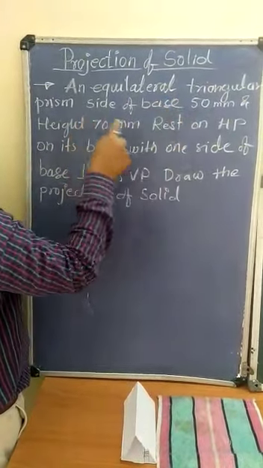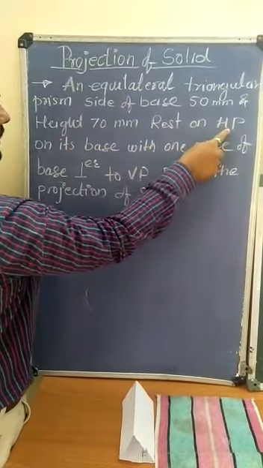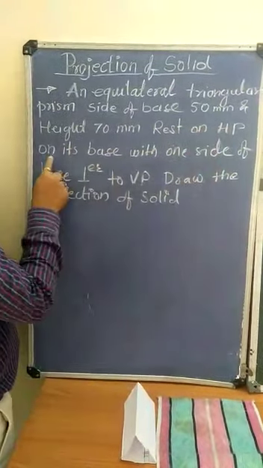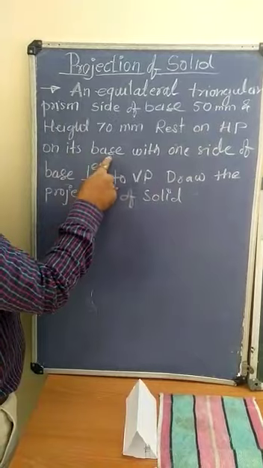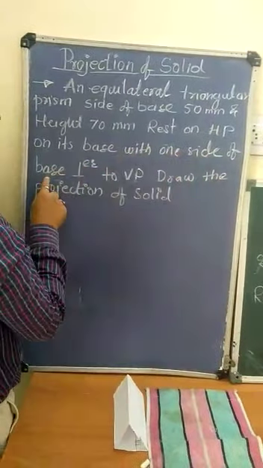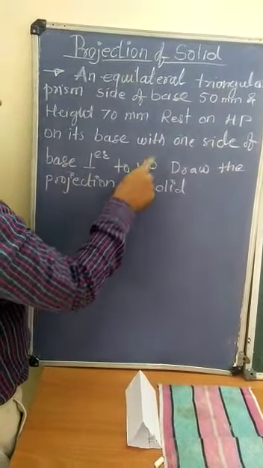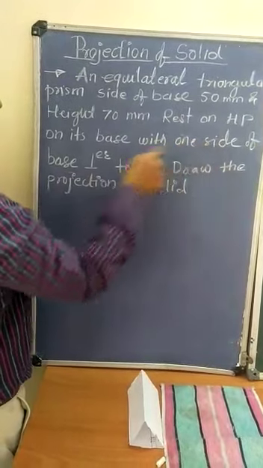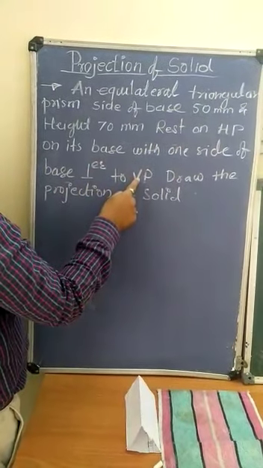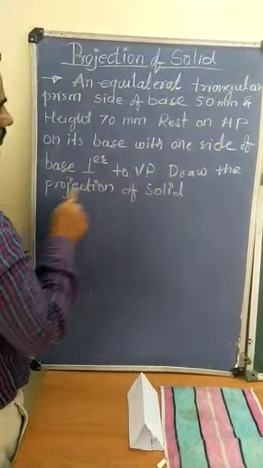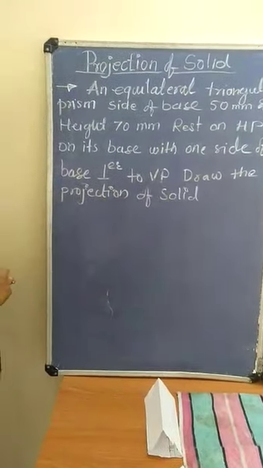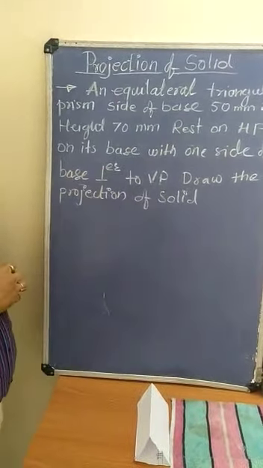That triangular prism rests on HP on its base, with one side of base perpendicular to VP. This is the condition. Now you have to draw the projection of solid. So this is the problem statement.